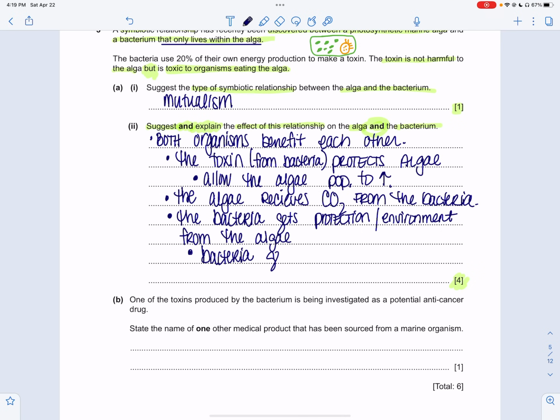The bacteria gets nutrients or a source of energy, the glucose that the algae is going to make.